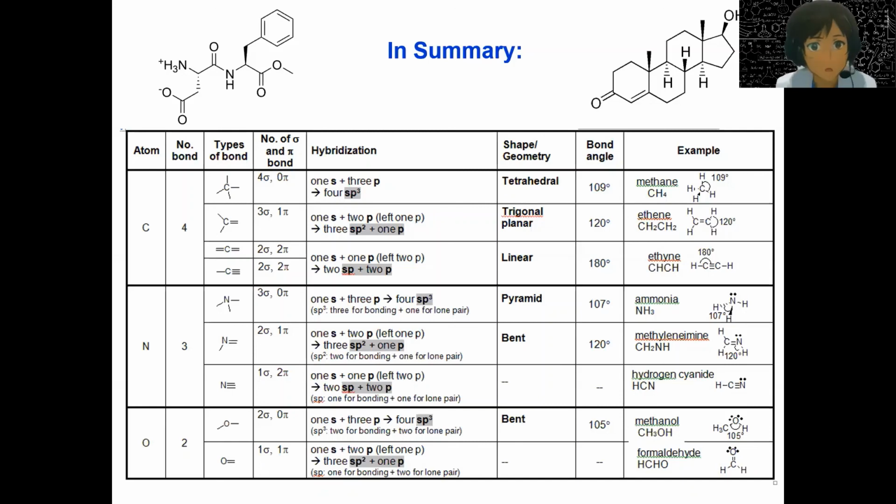When you have a triple bond, it's sp hybridization. Or if you have two double bonds, that's also sp hybridization. So you just need to remember the hybridization, and we also learned the types of bonds: sigma bond and pi bond. Single bonds are all sigma bonds, a double bond is 1 sigma and 1 pi bond, and a triple bond is 1 sigma and 2 pi bonds.